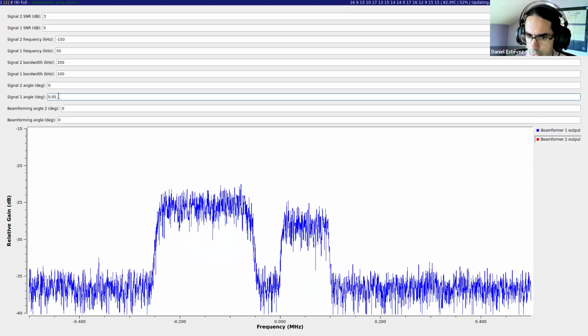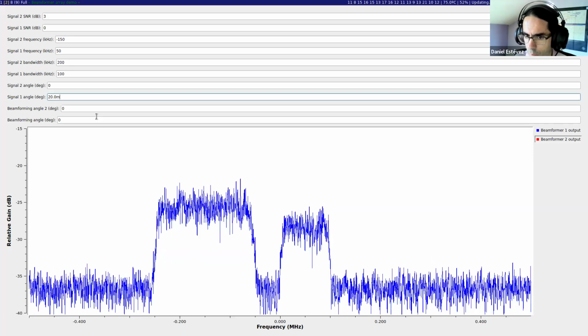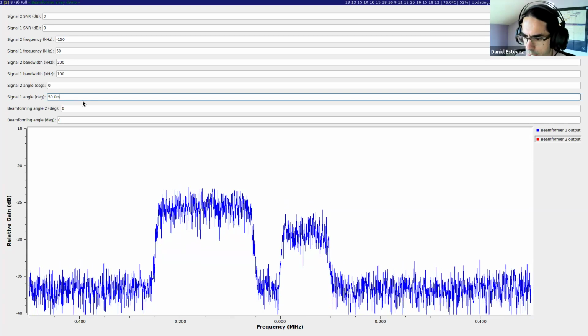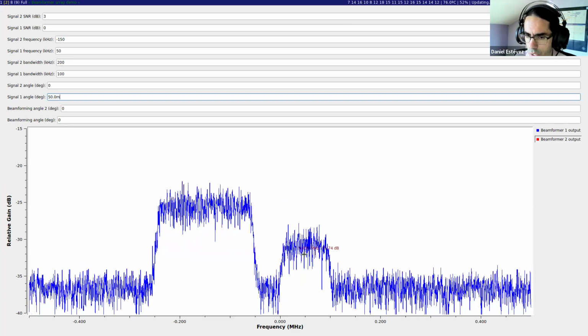So if I make it, let's see, 0.02 degrees, then we cannot see much change. Let's see, 0.05. Now it has certainly decreased.